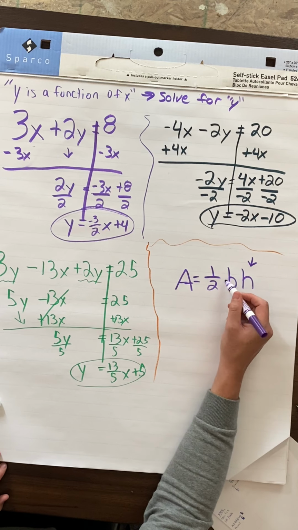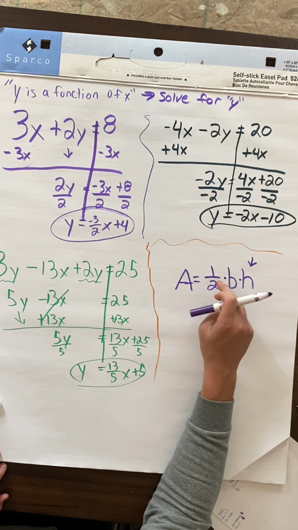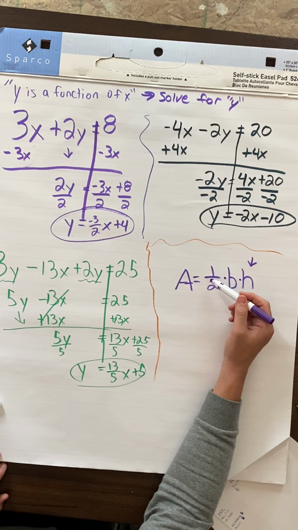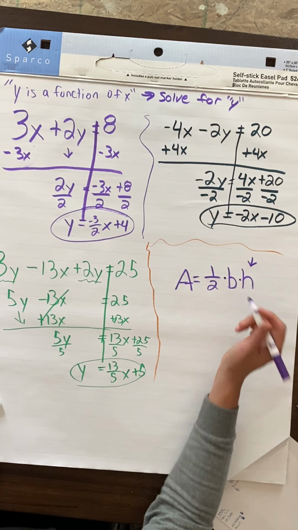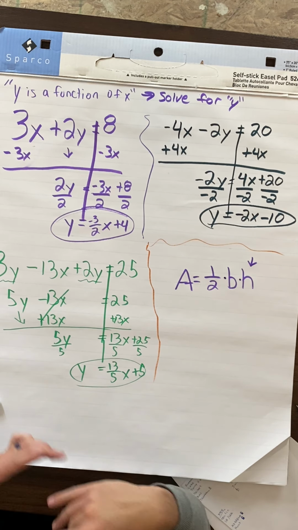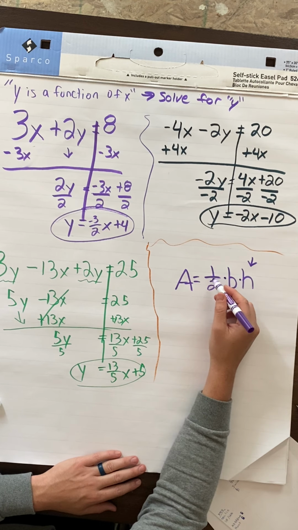We can notice that these are multiplied by each other when they're next to each other like that. So the opposite of multiplying by 1/2 would be to divide by 1/2. Now, this terminology is going to get us confused. So basically, if I want to cancel out 1/2, what do I need to do to it?